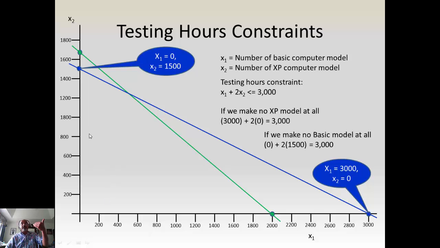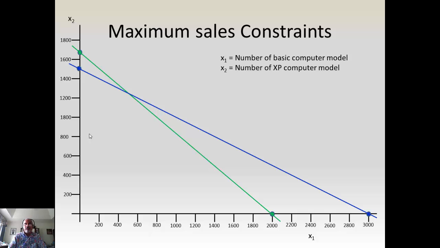Now let's bring in the maximum allowed sales constraint. The first one is maximum allowed basic model sales of 600. So x2 doesn't even come into the picture here. So x sub 1 equal to 600, and a line going straight up will represent that constraint.